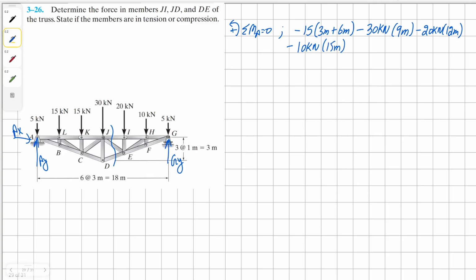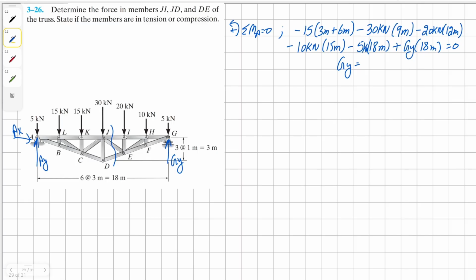And finally, clockwise 5 kilonewtons, 18 meters away. And we have counterclockwise GY 18 meters away as well, all equals to 0.